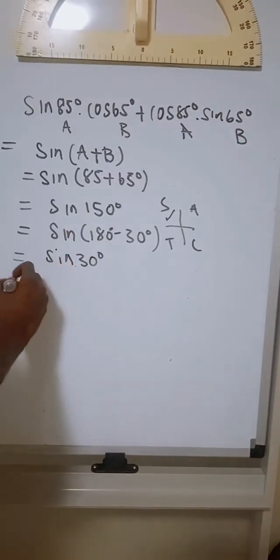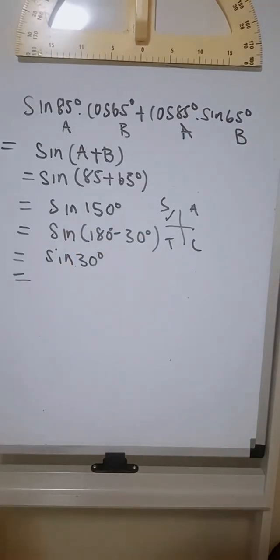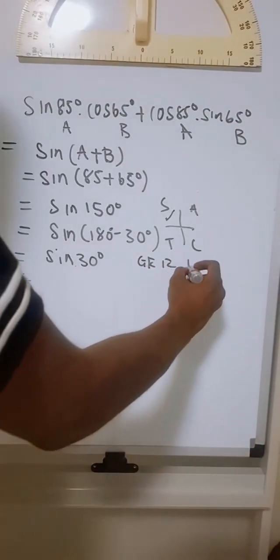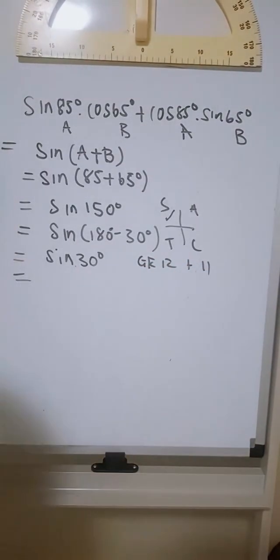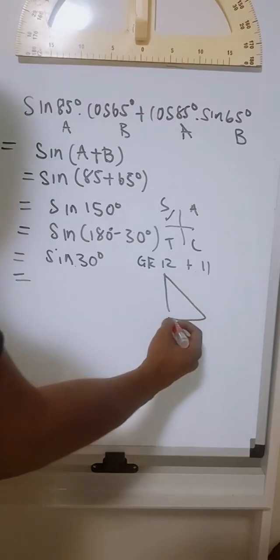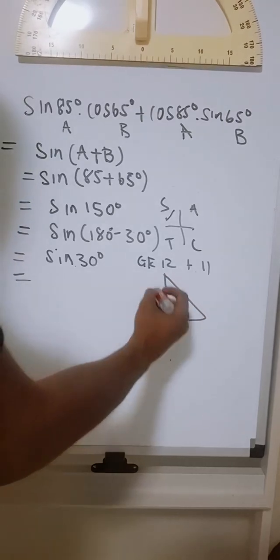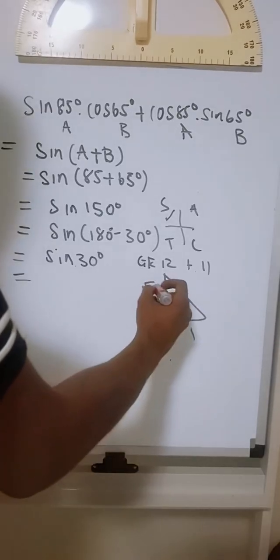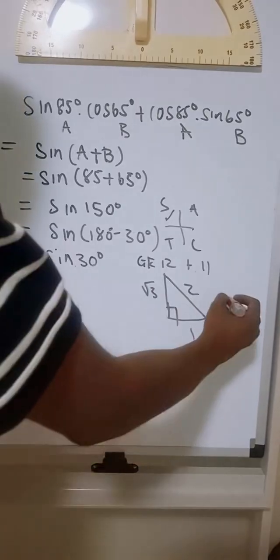You take the acute angle. Then here in grade 12 and 11, it's fine, you just grab your calculator and get the answer. In grade 10, our beloved grade 10s know that this is the triangle they should be using: 1, root 3, 2.